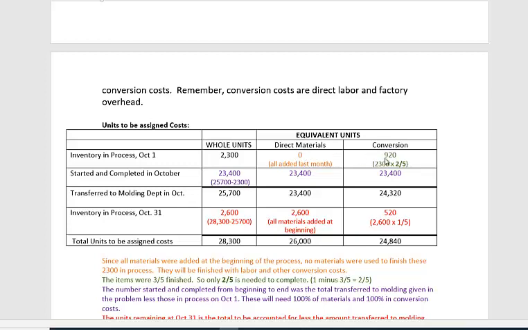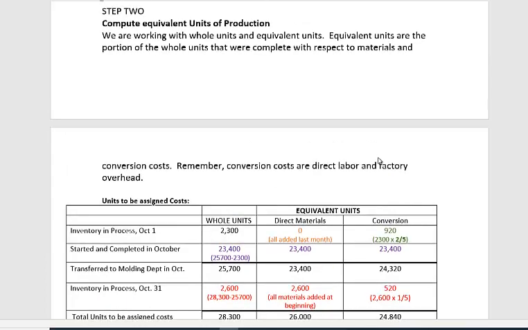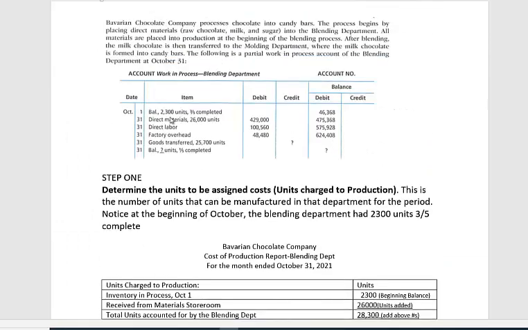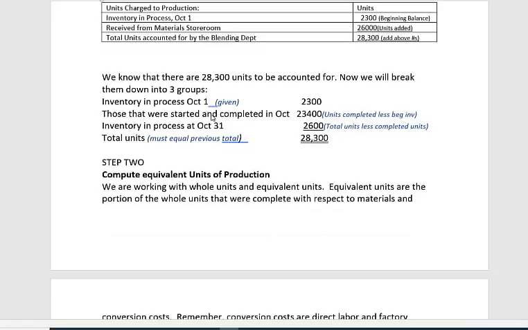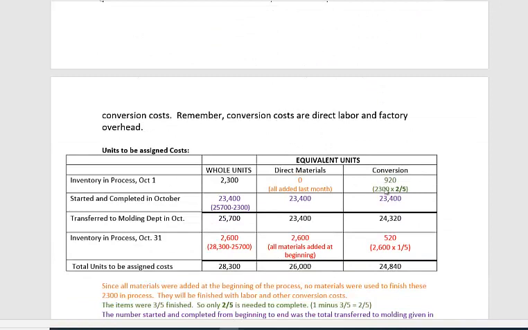Now, as far as conversion cost, up here it says that these 2,300 units were 3/5 completed. That means we had 2/5 in conversion cost that we needed to add. Conversion costs are direct labor and factory overhead. So we're going to take the 2,300 and multiply it times 2/5 to get the equivalent units for conversion costs.